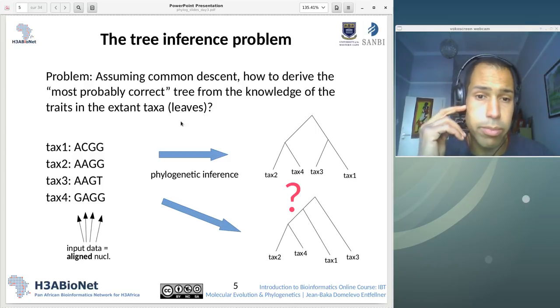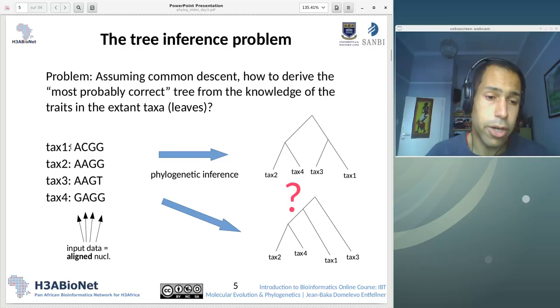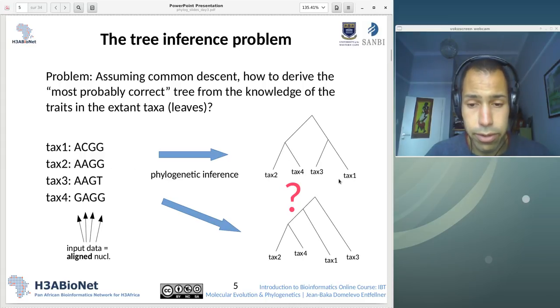The key problem in phylogenetics is, knowing a series of aligned characters, here we chose to use nucleotides as an example. Knowing these series of four aligned sites, what is the best tree?